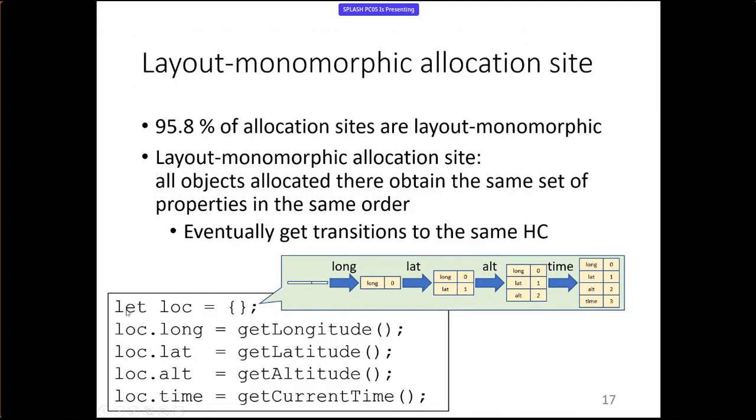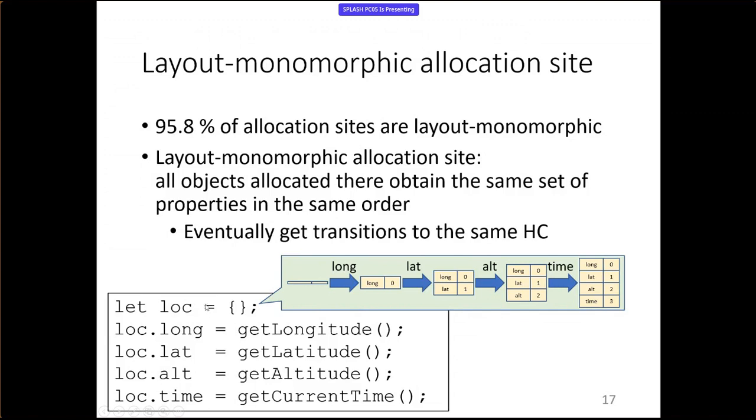So, for example, in this program, the altitude property is added unconditionally. All objects created here obtain these properties in this order. So this is a layout monomorphic allocation site.